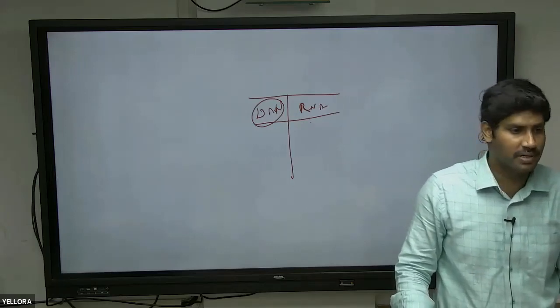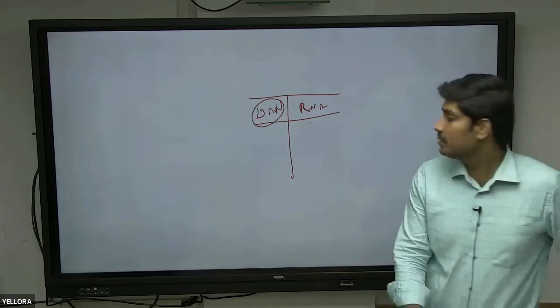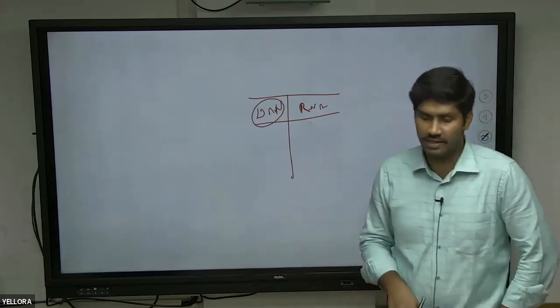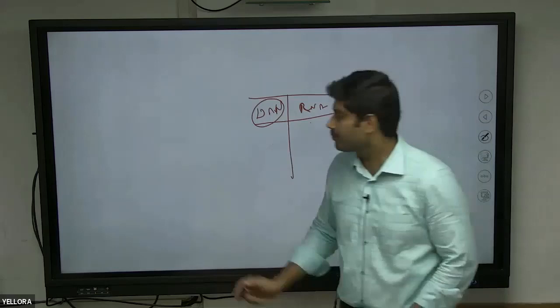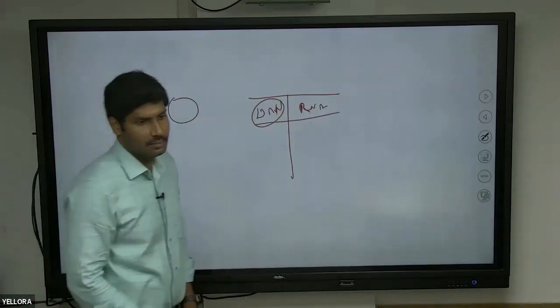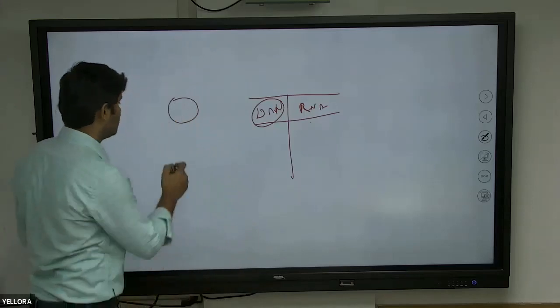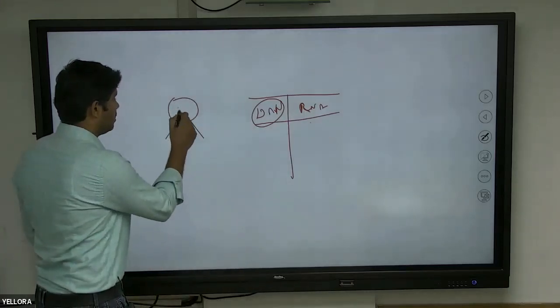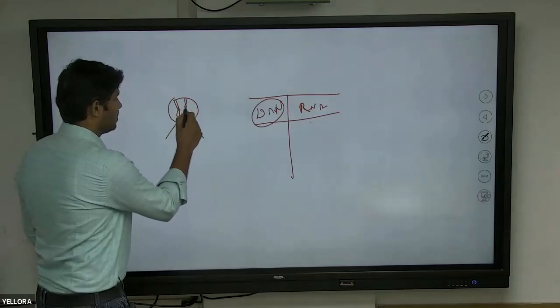You can write at least 8 points. And here you have to give a small illustration for mitosis and meiosis. No need to draw the whole division procedure. You can use a small illustration like this.